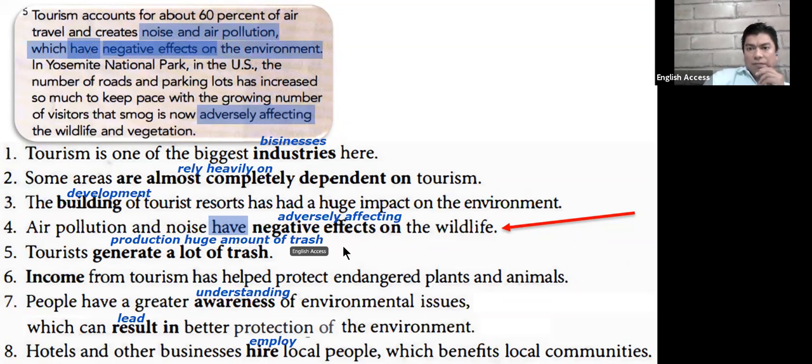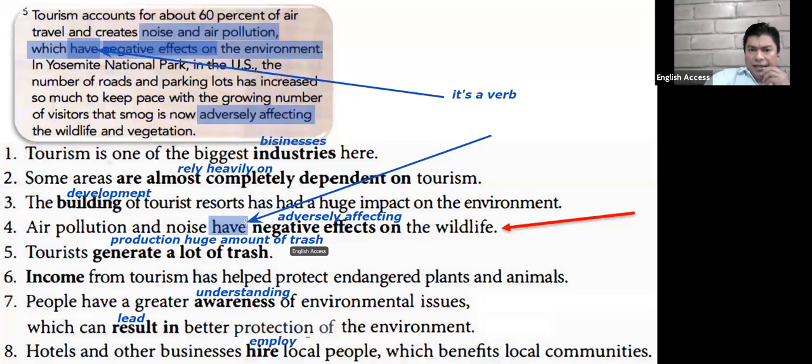In this sentence, have means to possess, to own. It's a verb right there.